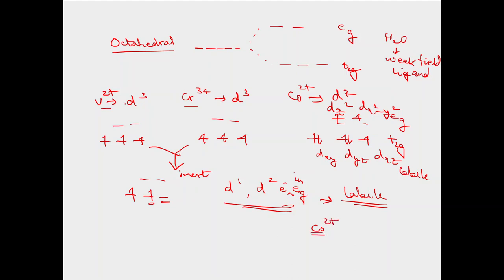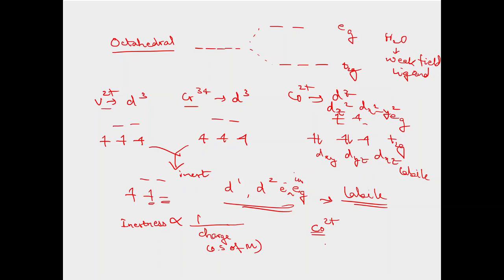Now we have to compare between vanadium and chromium. How to compare between them? We know that the inertness is directly proportional to the charge or the oxidation state of the metal.